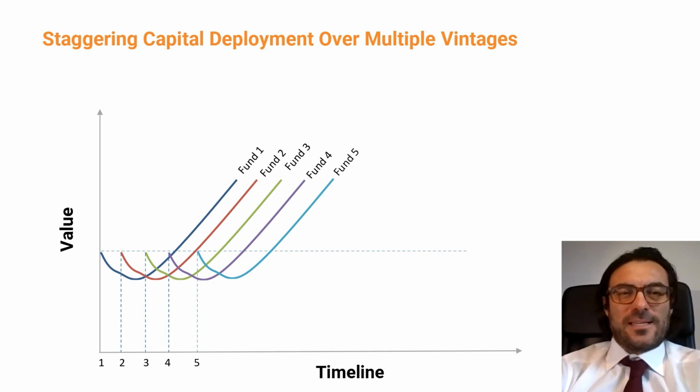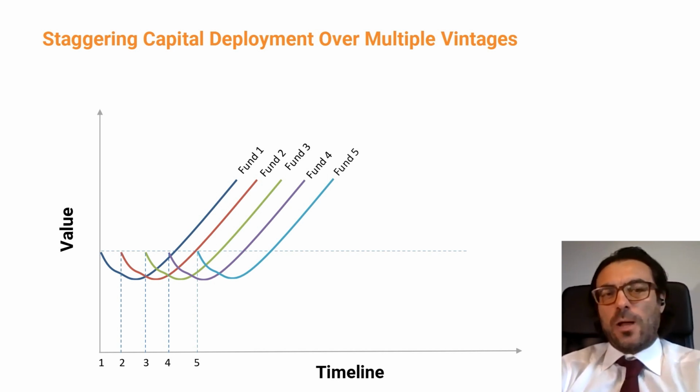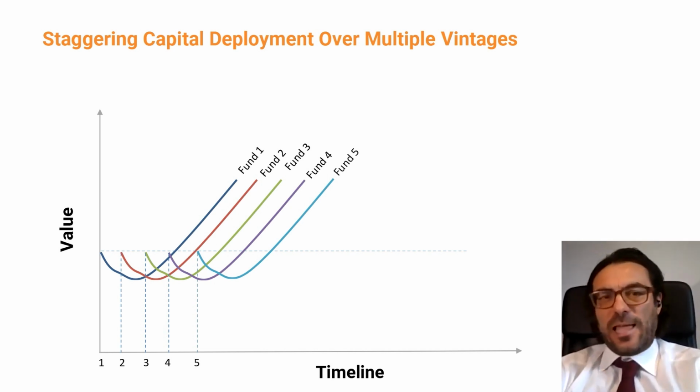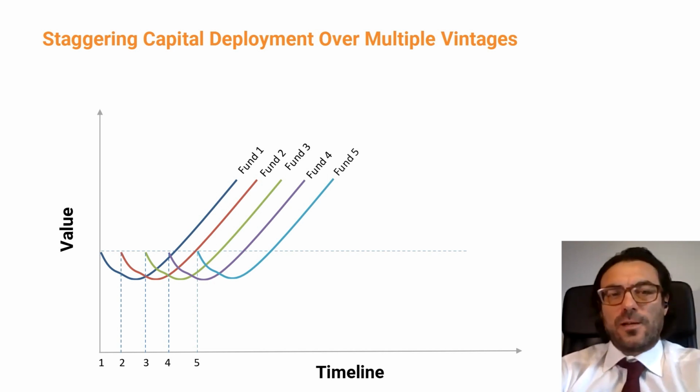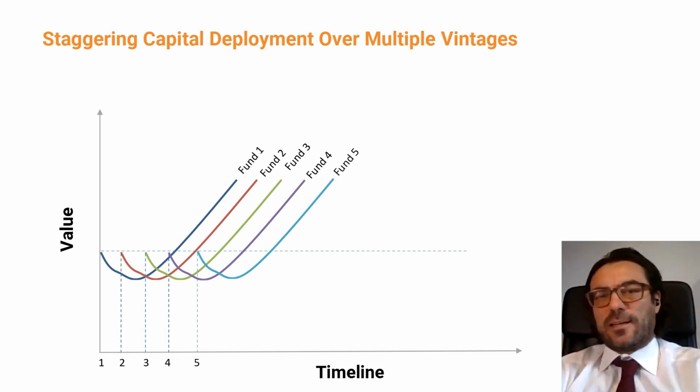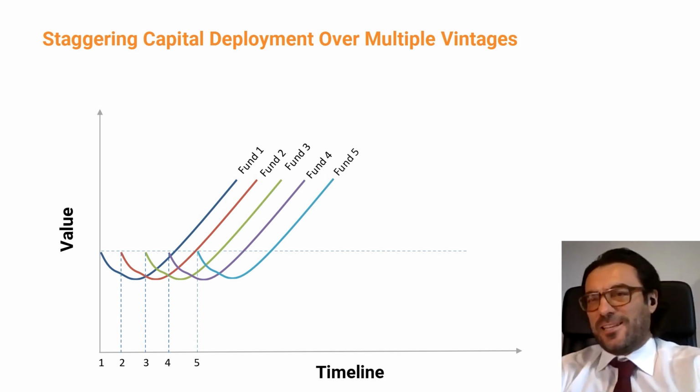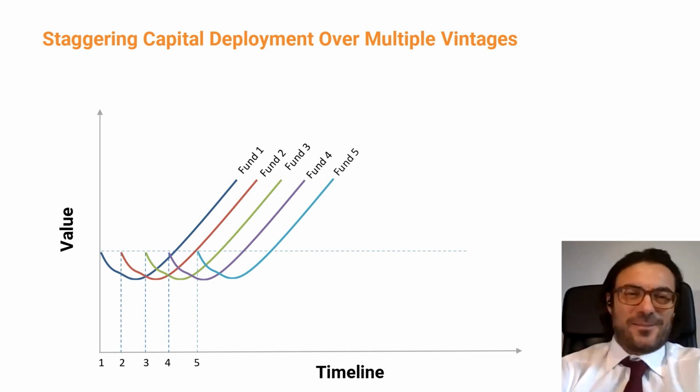So what happens is that, first of all, at one point, the aggregate effect of the J-curve disappears. And in our example, from year 4, you start seeing that at least one fund starts generating positive returns.